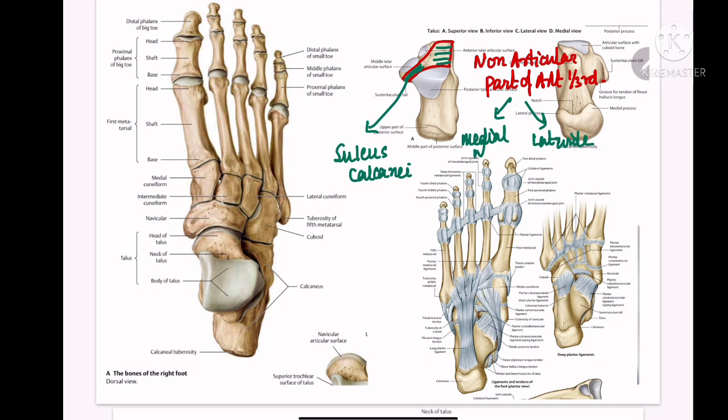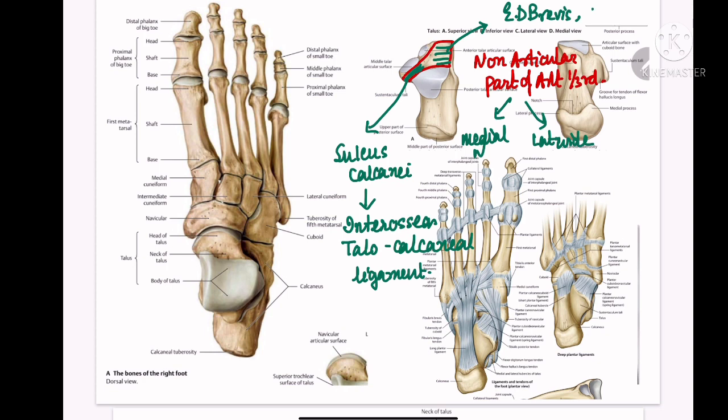Medial narrow part provides attachment to the interosseous talocalcaneal ligament. And the lateral part is wide, large and provides attachment to extensor digitorum brevis, inferior extensor retinaculum and stem of bifurcate ligament.